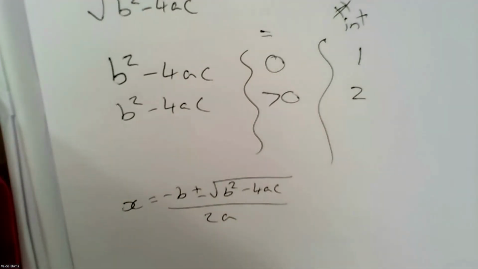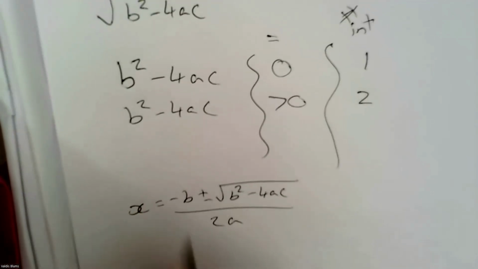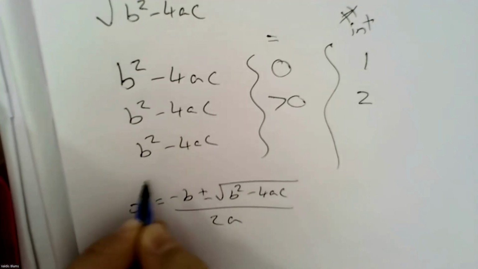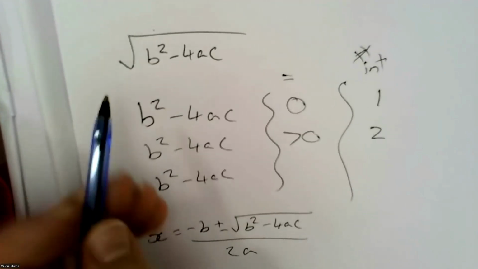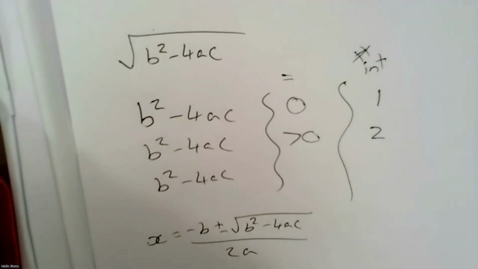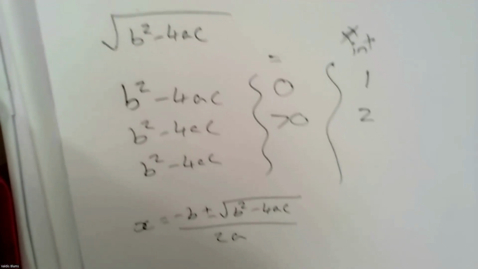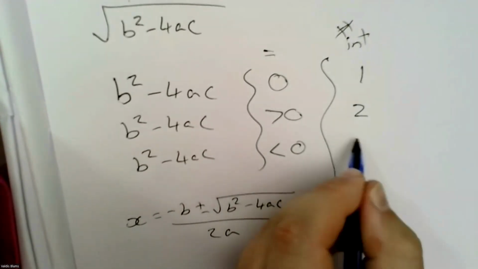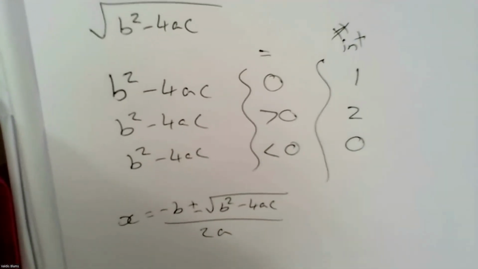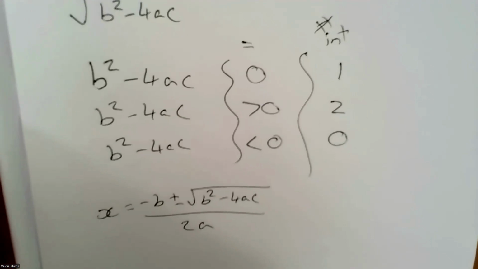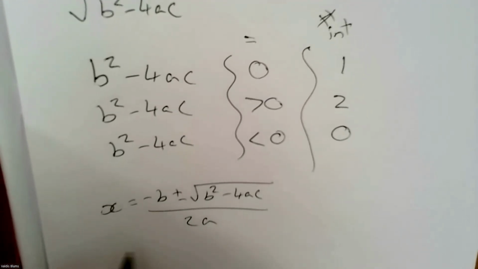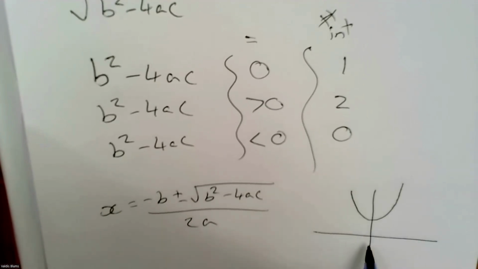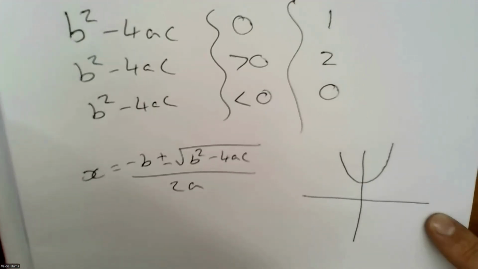Therefore, you're going to have two intercepts on your x-axis. And then you've also got another case where b squared minus 4ac ends up being a negative number. So a negative within a square root means that you're going to have an imaginary number, so no real solutions. So we have 0 real intercepts. And that might be the case when you have a quadratic that is offset from the x-axis.